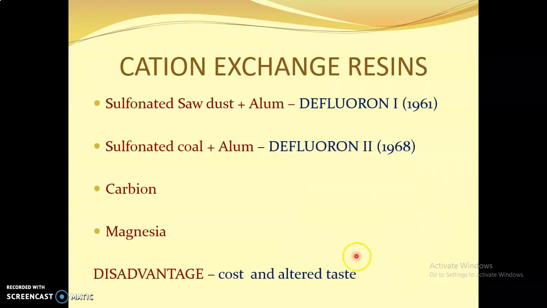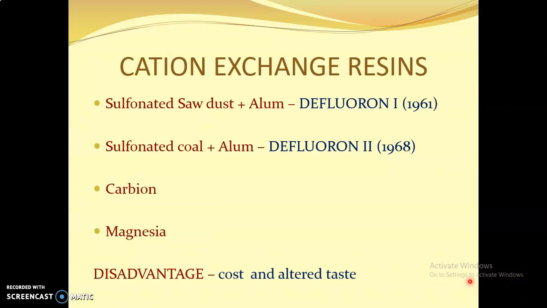The cation exchange resins, the first one that was used in India in 1961 at NEERI, was Defluoron 1, which is sulfonated sawdust plus alum. When you use sulfonated coal plus alum, it is known as Defluoron 2, and carbon and magnesia. These were the few cation exchange resins that have been used for defluoridation.